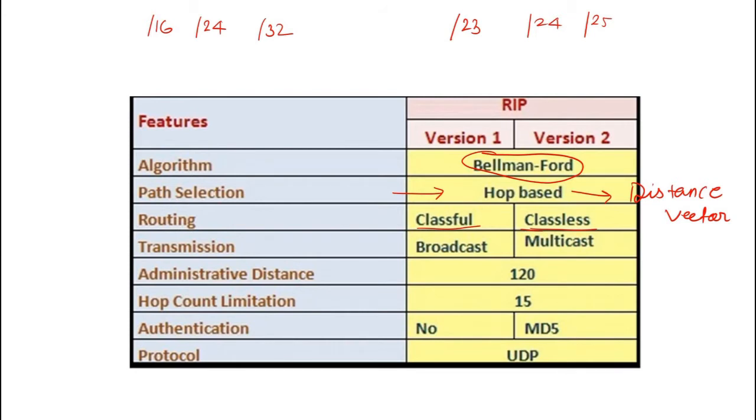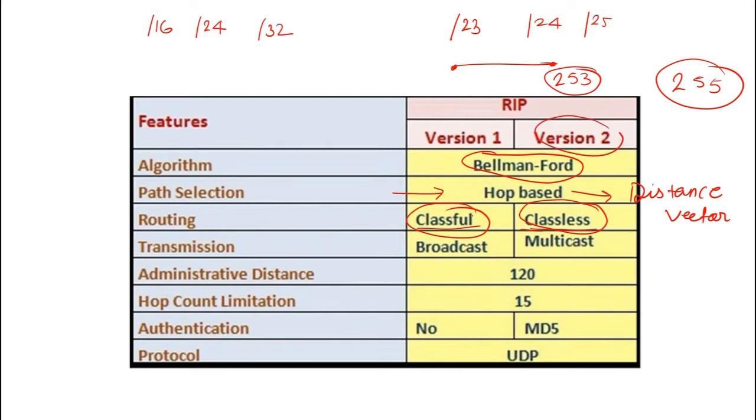In fact, we have to use classless IP addressing in order to avoid IP wastage, right? Otherwise, if we use classful IP addressing, we get 255 IP addresses in one network, and we have just one hop, and in one hop we only use two IP addresses, and the remaining 253 IP addresses go wasted, right? So that's why we go to version 2, and that is highly preferred.